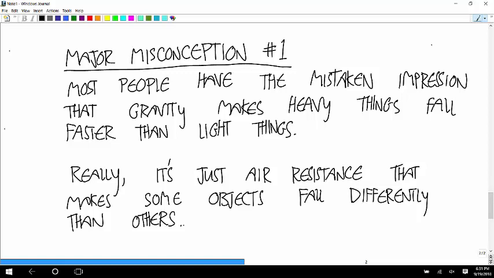So be careful if you do this. But if you're in a vacuum and you drop a bowling ball and a feather at the same time, they should fall exactly the same, hit the ground exactly the same.